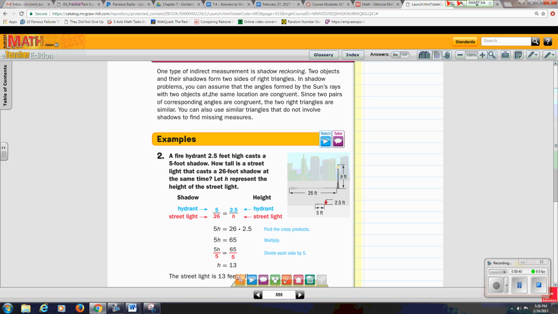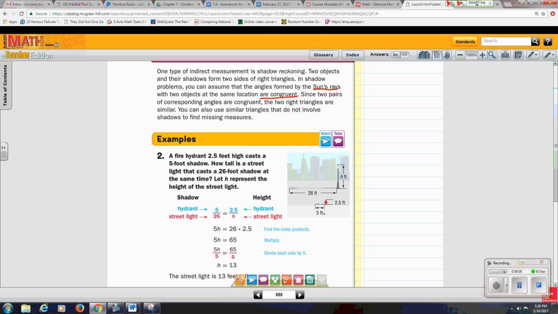In shadow problems, you can assume that the angles formed by the sun's rays with two objects at the same location are congruent, especially if they're 90 degrees and they're straight up from the ground. And since two pairs of corresponding angles are congruent, the two right triangles that are created by the shadow and the item are similar. So we can use the properties to find that.